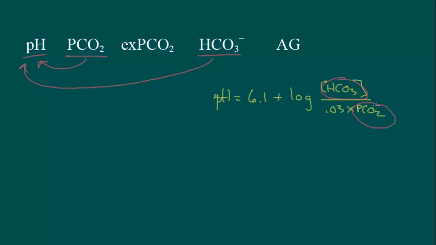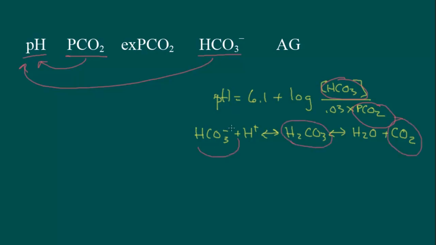And you might wonder, well, why is that so? And the reason why is because we have a bicarbonate buffer system in our bodies. If you look at this bicarbonate buffer equation, you can see carbon dioxide on the right, carbonic acid in the middle, and bicarbonate on the left. And this set of equations are all in equilibrium.